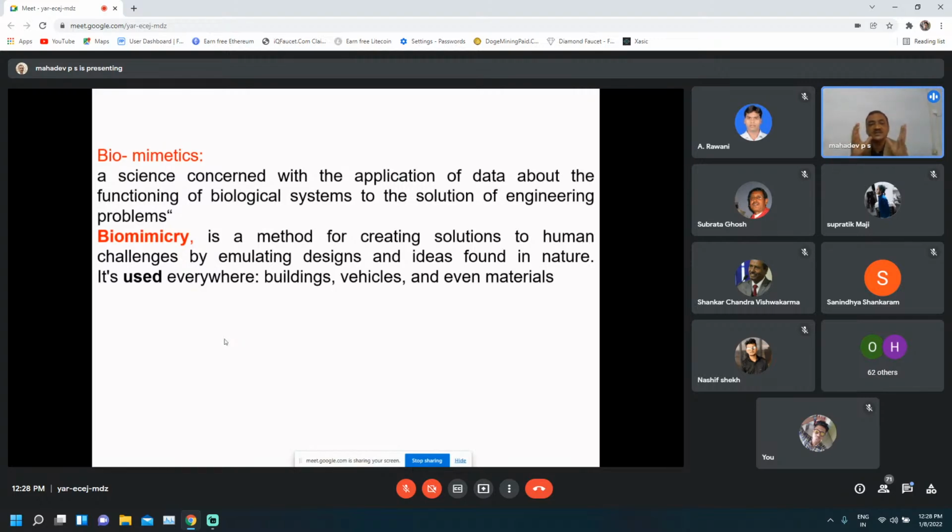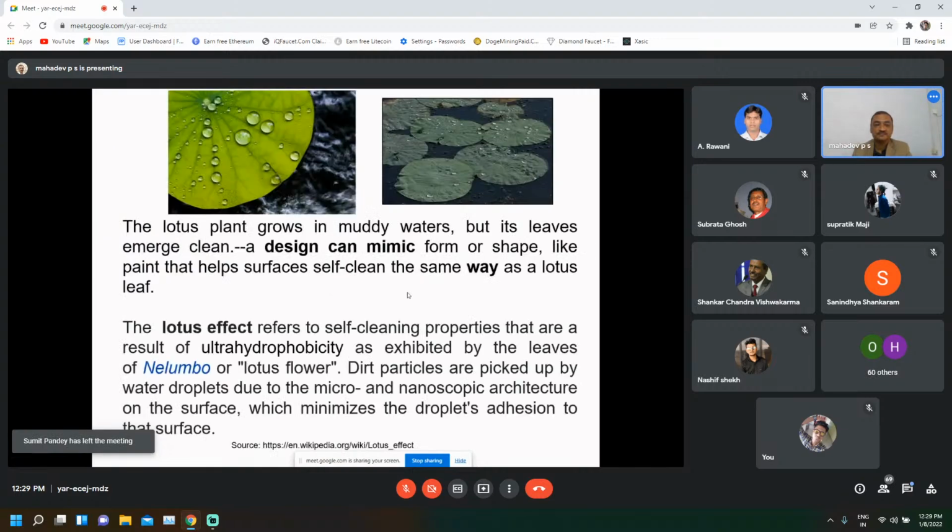So the natural things existing in nature, their processes are copied by engineers to solve engineering problems, day-to-day problems, or tribology-related problems. Biomimicry is a method for creating solutions to human challenges by emulating designs and ideas found in nature. It's used everywhere, in building vehicles and even materials.